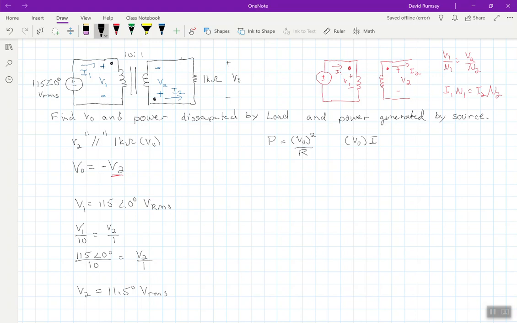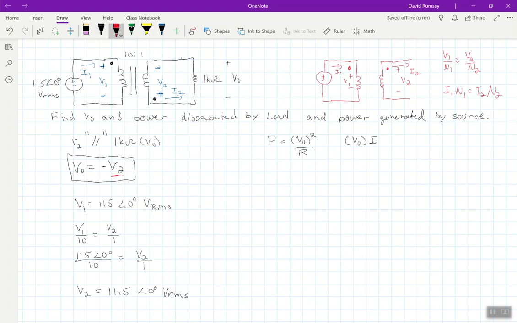Now, one thing I should maybe be careful of here is my answer here, and I put degrees there for some reason. It's volts RMS at an angle of 0 degrees. One thing I made a mistake here is we're asked to find V out, and we had already written here that V out is equal to negative V2.